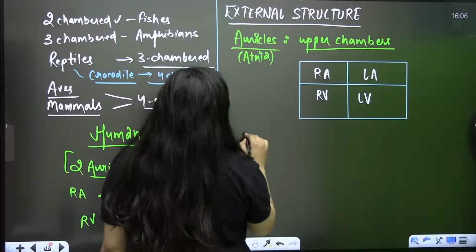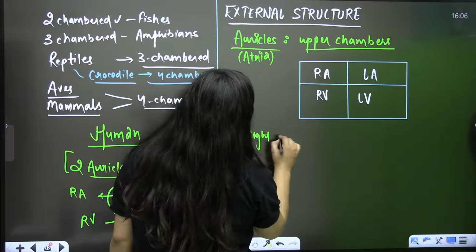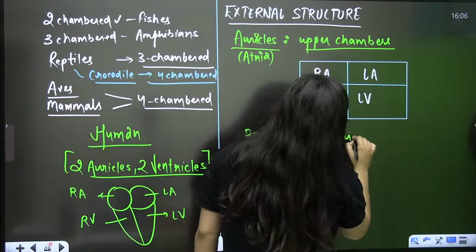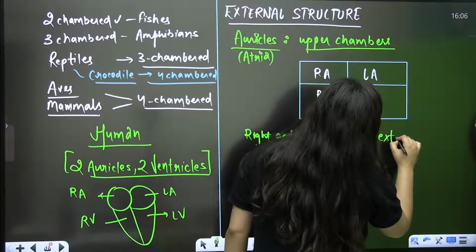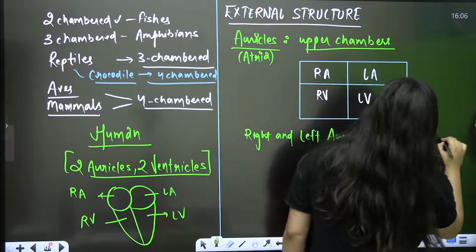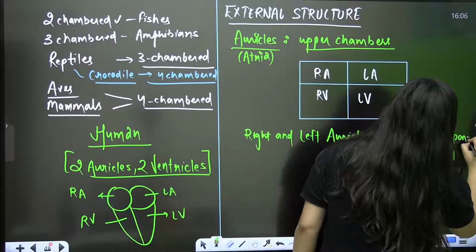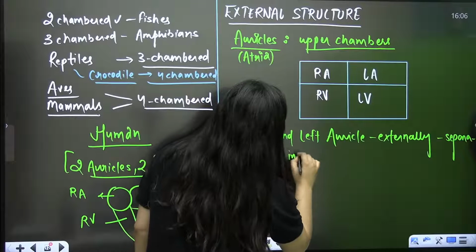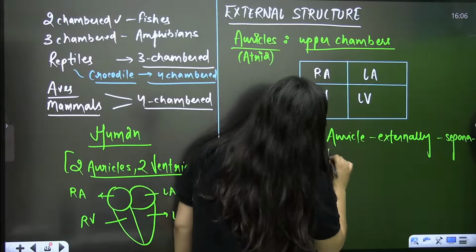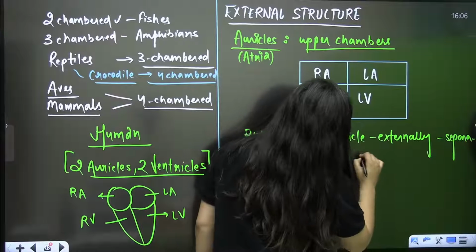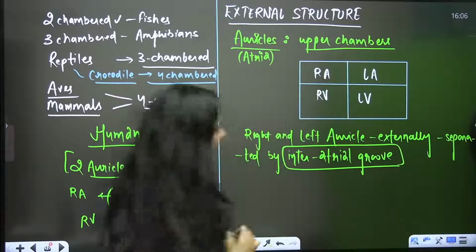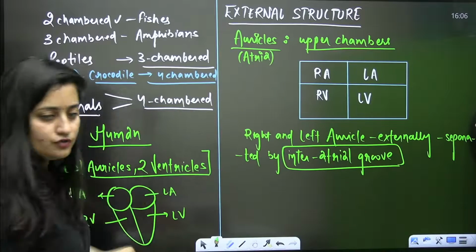So there are the right and left auricle. Externally, they are separated by the interatrial groove.